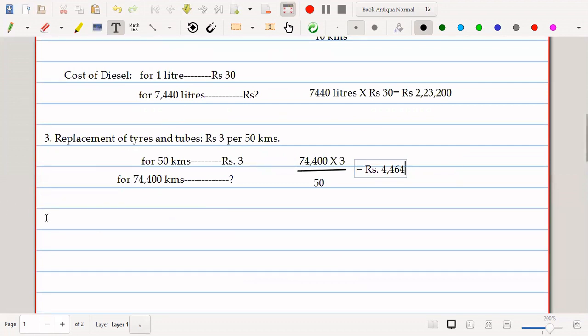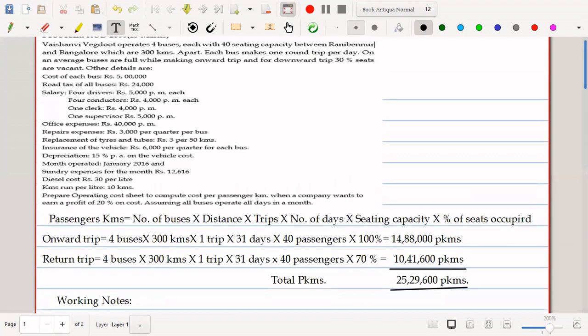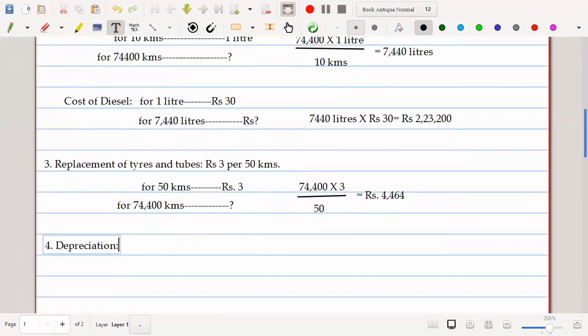Next point here is the fourth one regarding depreciation. Let's see what's given in the problem here. Depreciation 15% per annum on vehicle cost. The cost of each bus is rupees 5 lakh, given in the problem.